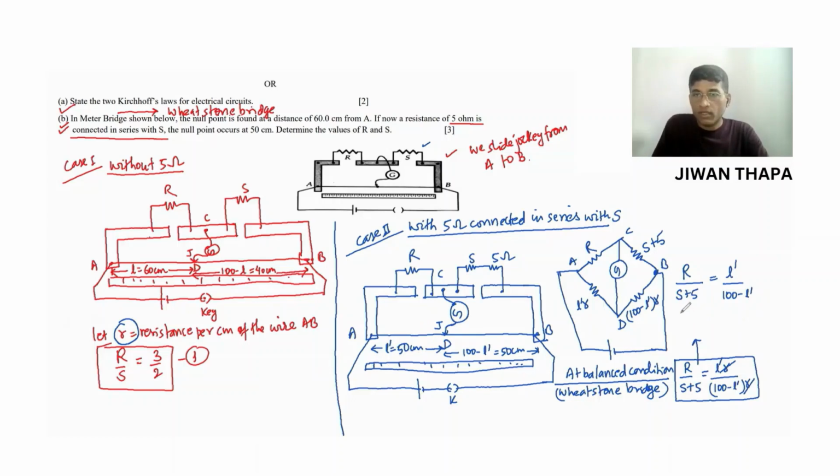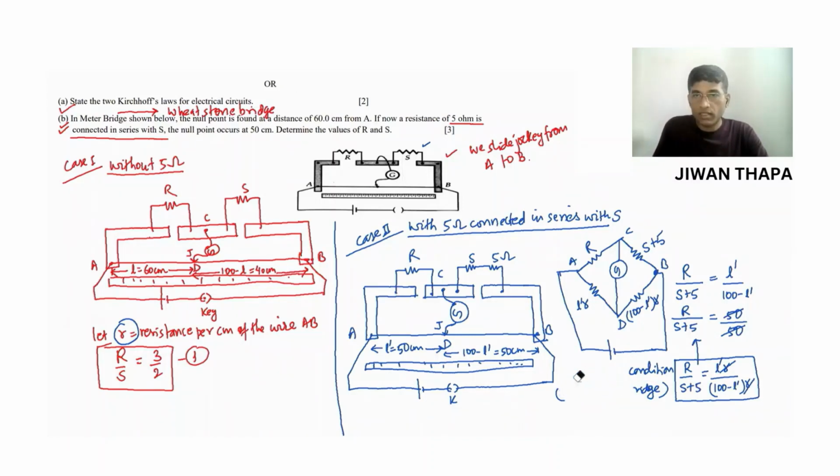So we can write R by S plus 5 equals 50 divided by 100 minus 50. So finally we can write this, 50, so this cancels out.